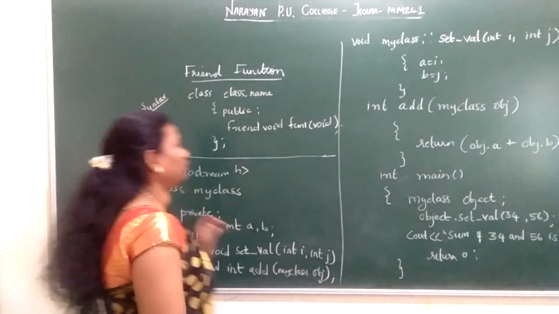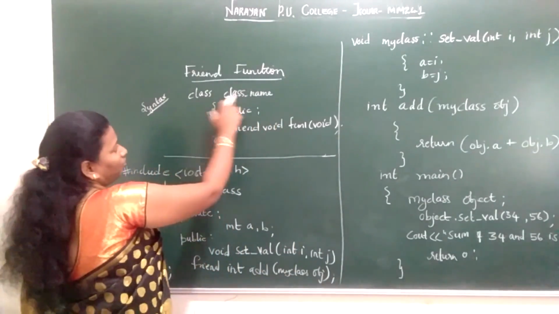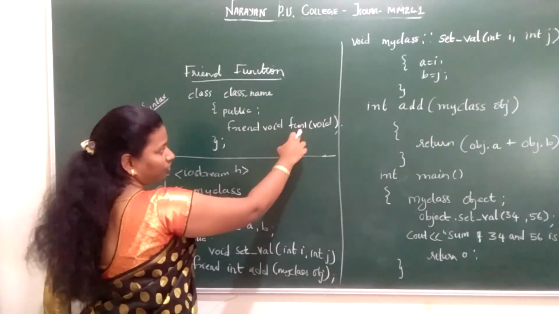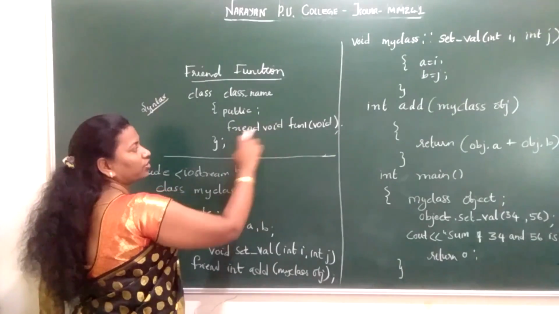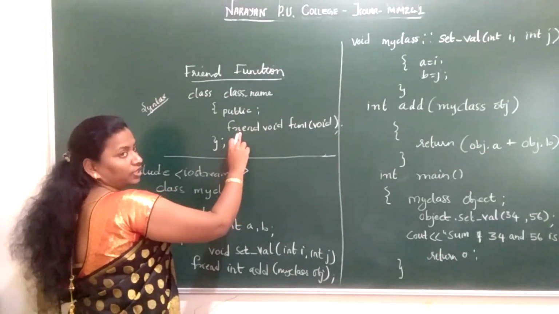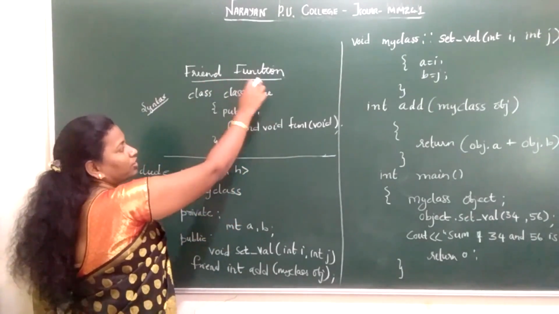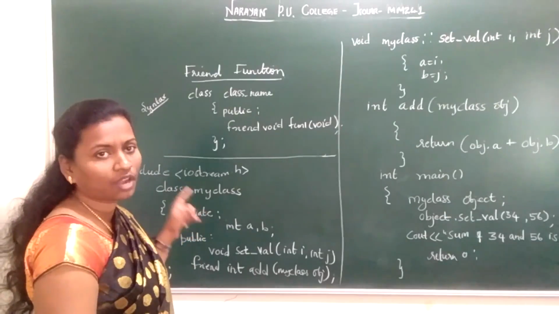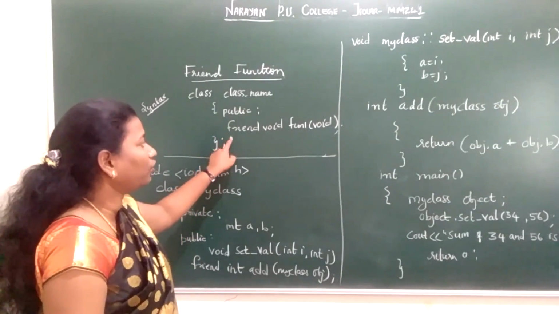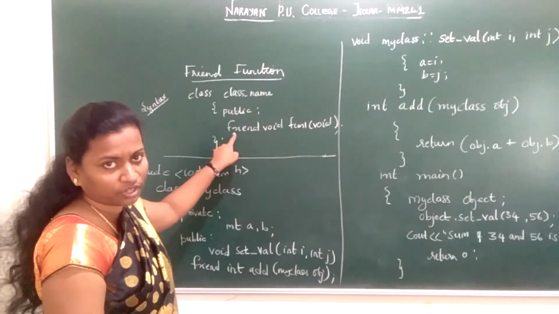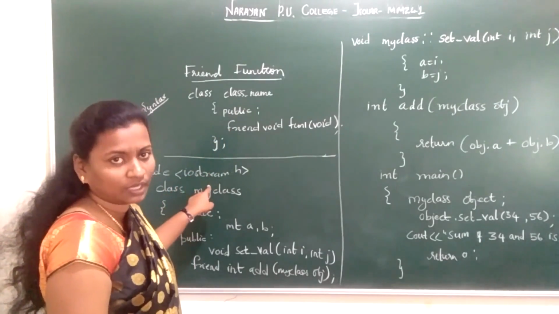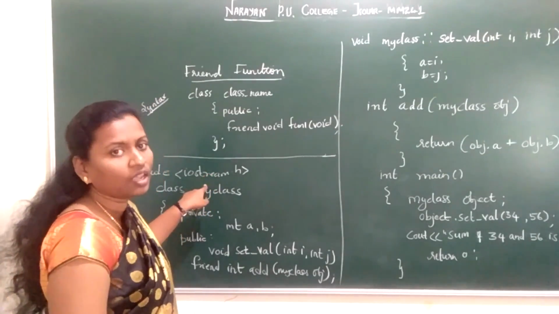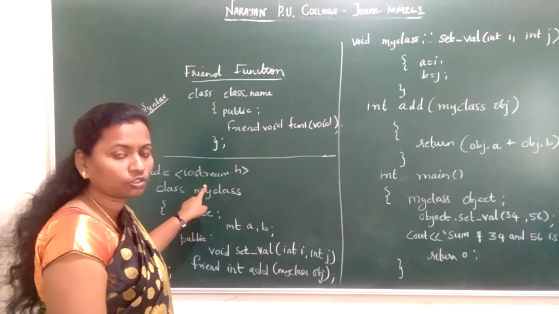Now you see the syntax. When I am defining a class, now fun1 is my friend function. How will I know that is my friend function? You have to prefix it with the keyword called friend. So friend function is not the member function of the class. When we define the friend function, it should be defined outside the class, like a normal function, without using the scope resolution operator.